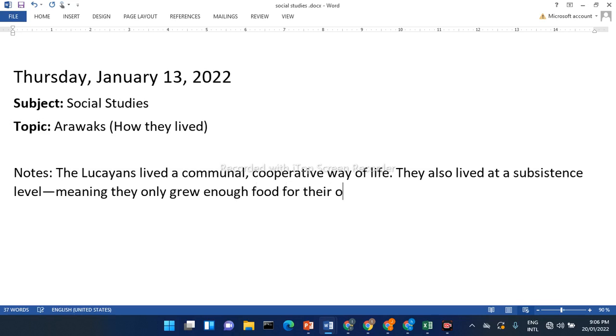The Lucayans had a subsistence economy. They were not commercial. Commercial means we grow enough for us and for everyone else. But subsistence means, I'm only going to grow enough for me and my own needs. So the Lucayans were more subsistence than commercial.